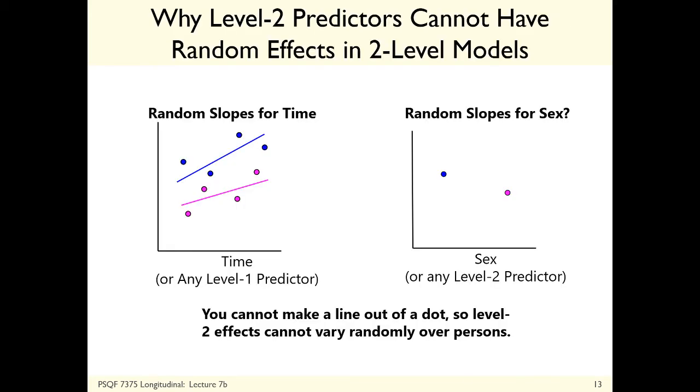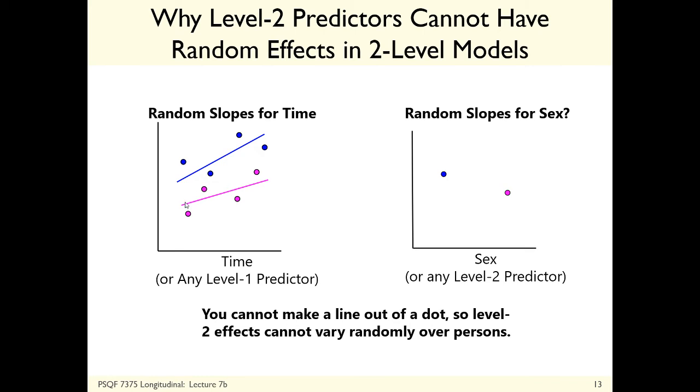The one thing that level 2 predictors cannot do, though, is have random effects. So if you only have 2 levels, a level 2 person level predictor cannot have a random effect. It can only have a fixed effect. And I've tried to demonstrate here why that is the case. For a level 1 predictor like time, or anything that's measured repeatedly, you would have different values for each person through which you could give each person their own slope.